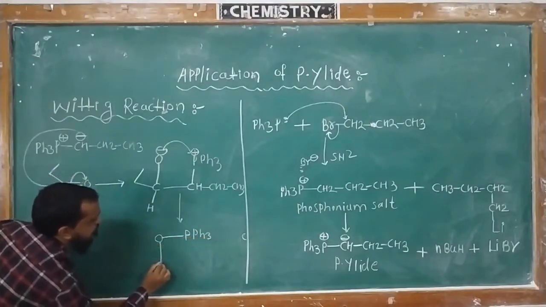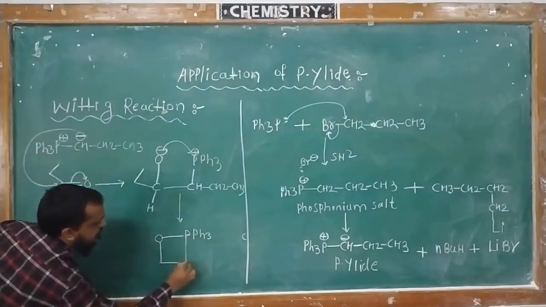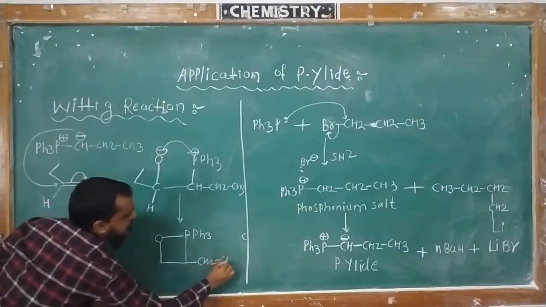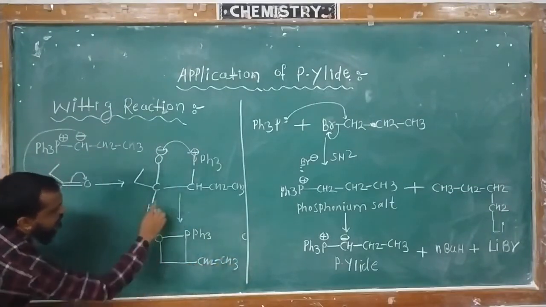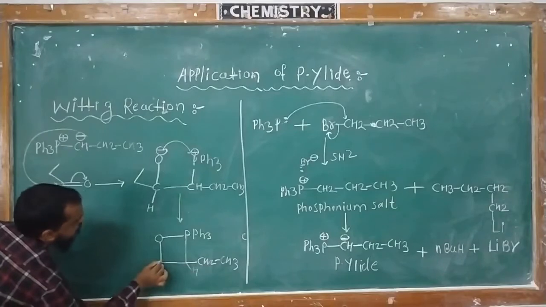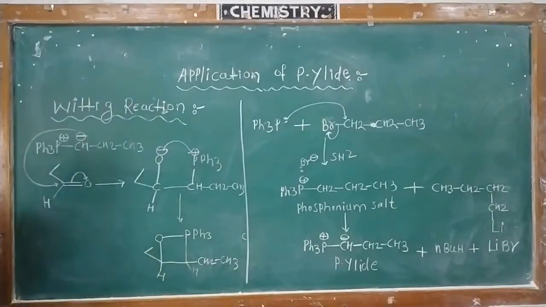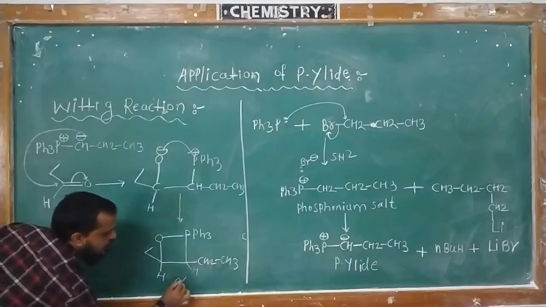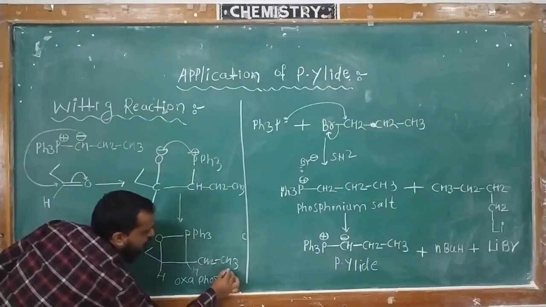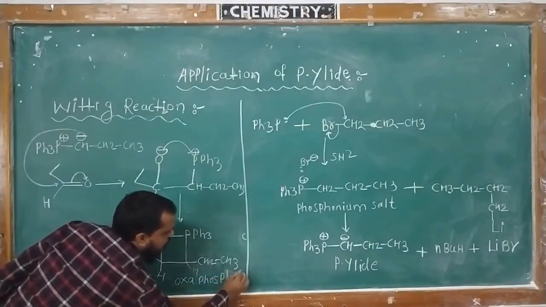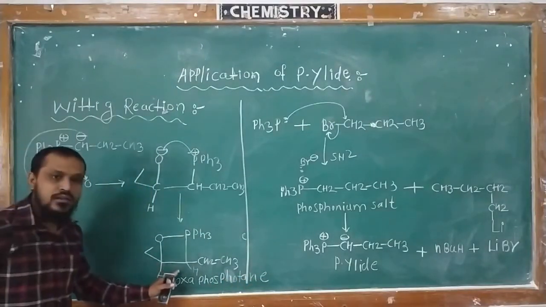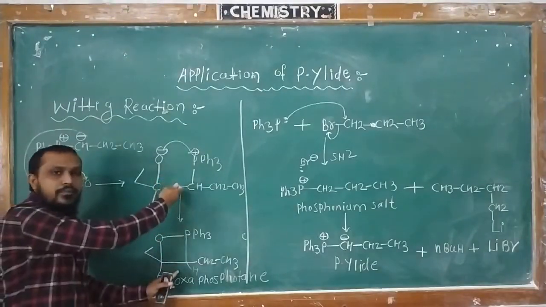This carbon atom has a CH2, CH3 group, and the other carbon atom has one hydrogen and one ethyl group. So this intermediate is called the oxaphosphetane intermediate. Okay, this is a stable intermediate as compared to the betaine intermediate.